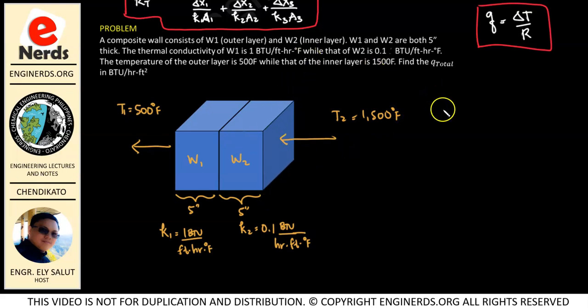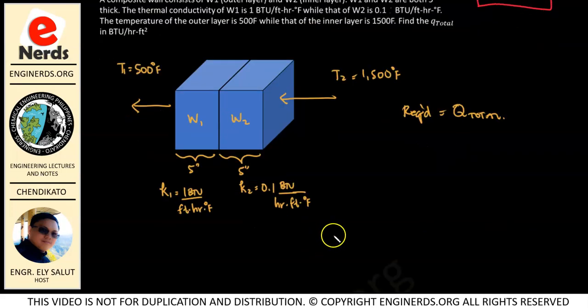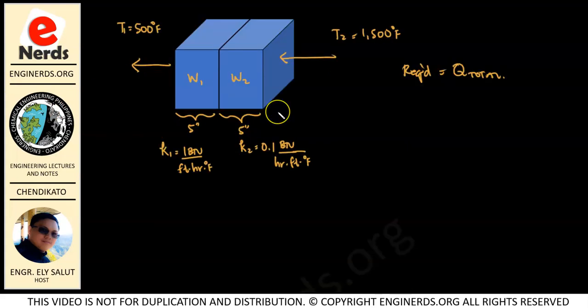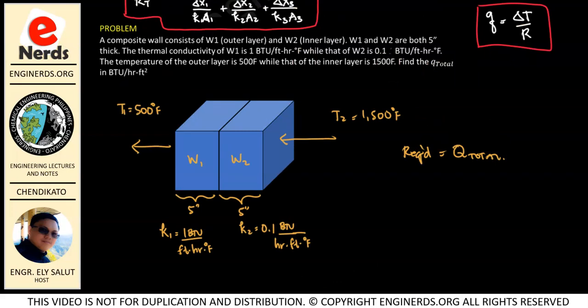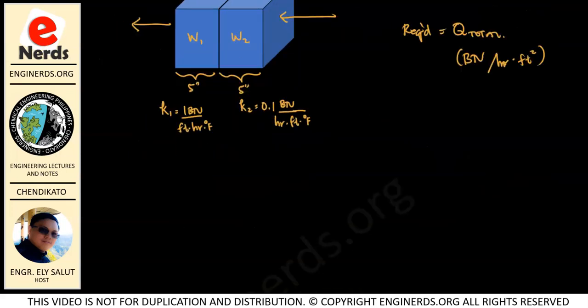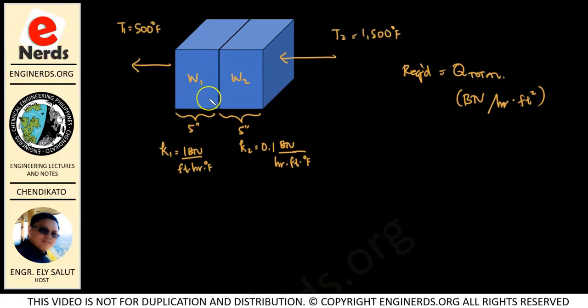Okay, so we have all our given. What are we asked to find? We are asked to find the Q total. So that is what we need to solve now. Let us also note that the unit of Q total is given. Q total should be expressed in BTU per hour and feet squared. Okay, so that is the unit of our Q total. Now, let us try to solve that. We only have two walls here, right?